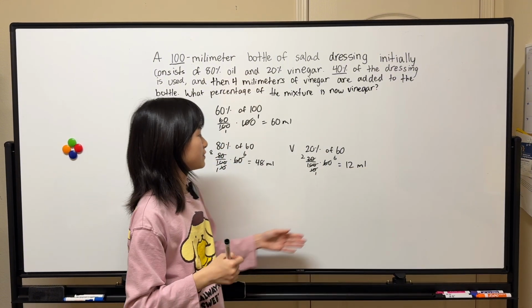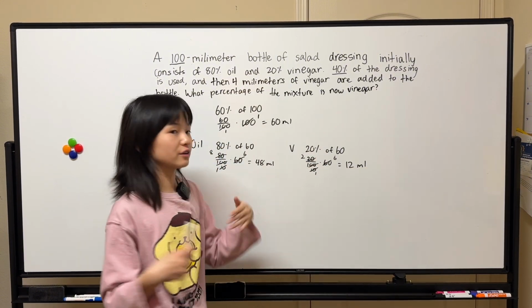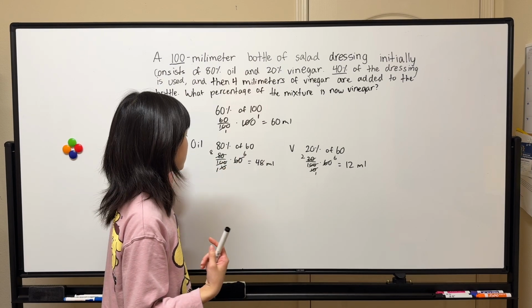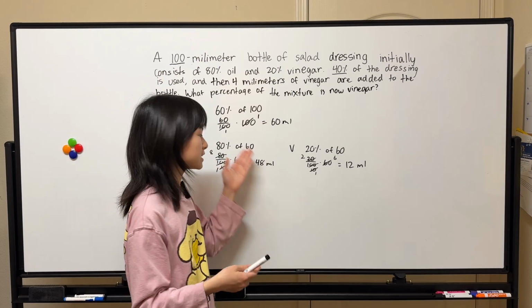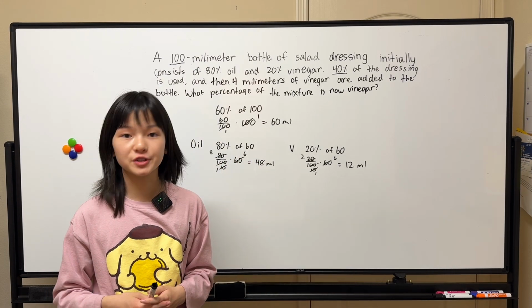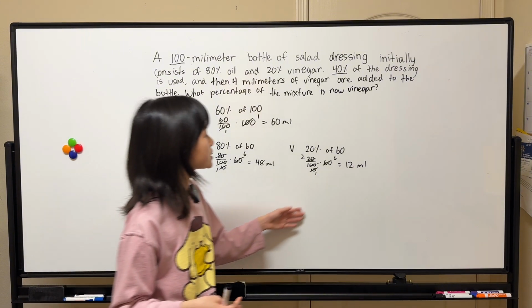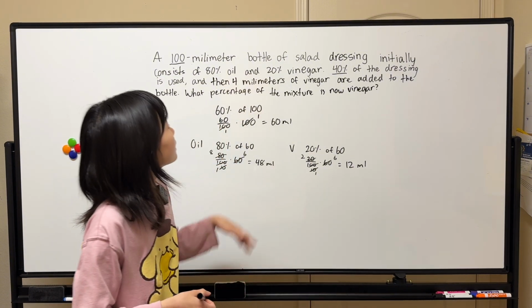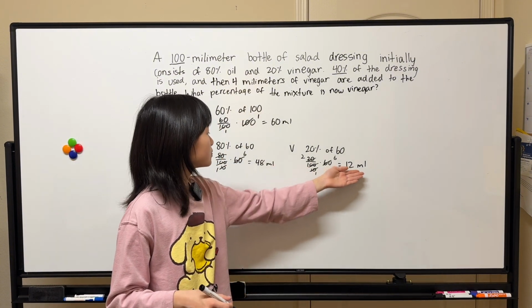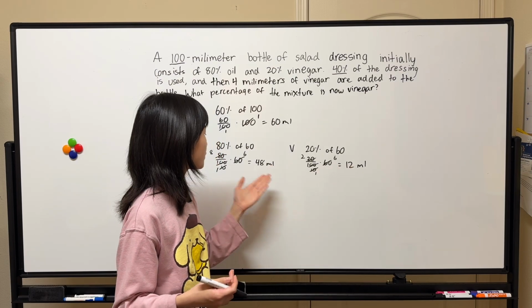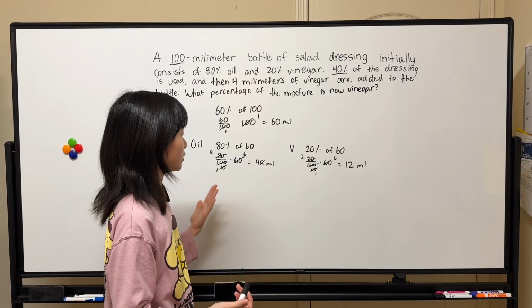And of course, we don't have to use this, since we know that out of 60, 48 is oil, so that means that 60 minus 48 is the amount of vinegar there is. However, I will just say that this is more accurate. And now we know that there is 12 milliliters of vinegar and 48 milliliters of oil.